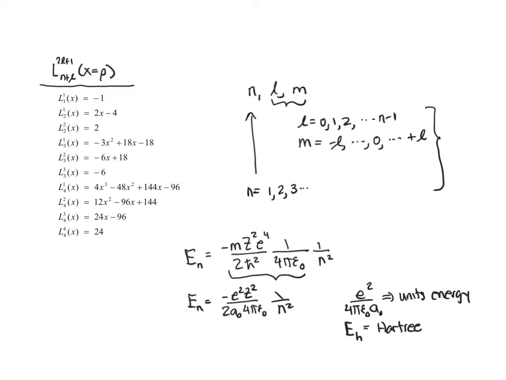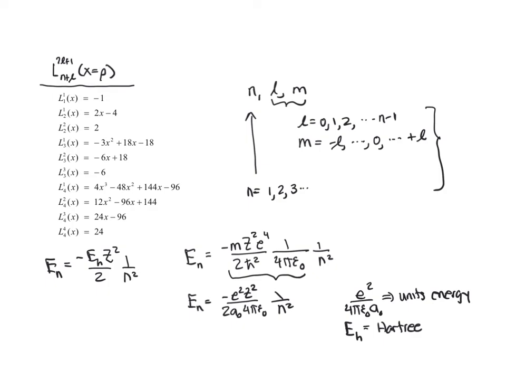That unit of energy is used frequently in thinking about atomic energies. So if we write our eigenvalue then in terms of the Bohr radius and Hartrees, we get that it's equal to minus the Hartree unit of energy, atomic number squared, divided by 2 times 1 over n squared.